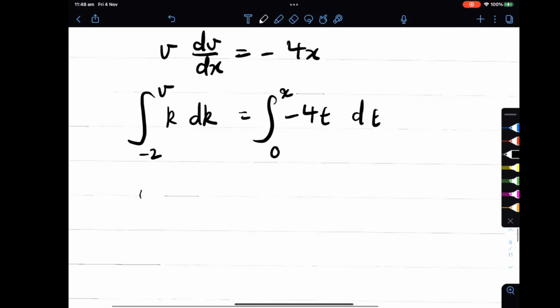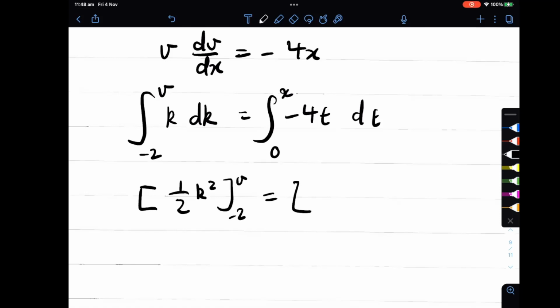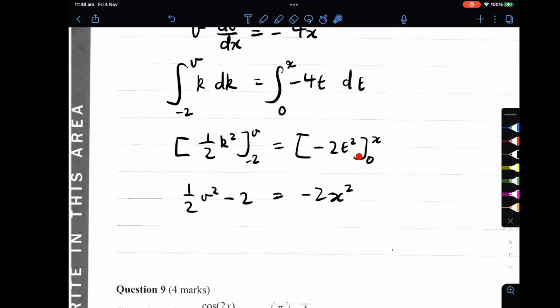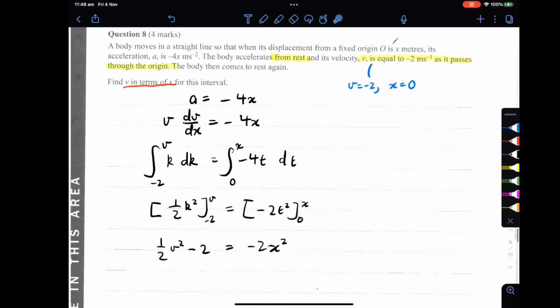So we're going to get a half v squared between negative 2 and v, and negative 2x squared between 0 and x. And so we're going to get a half v squared minus a half times 4, which is 2, and then we're going to get negative 2x squared. If you sub in 0, we get 0, so that's fine. Alright, so that's what we get.